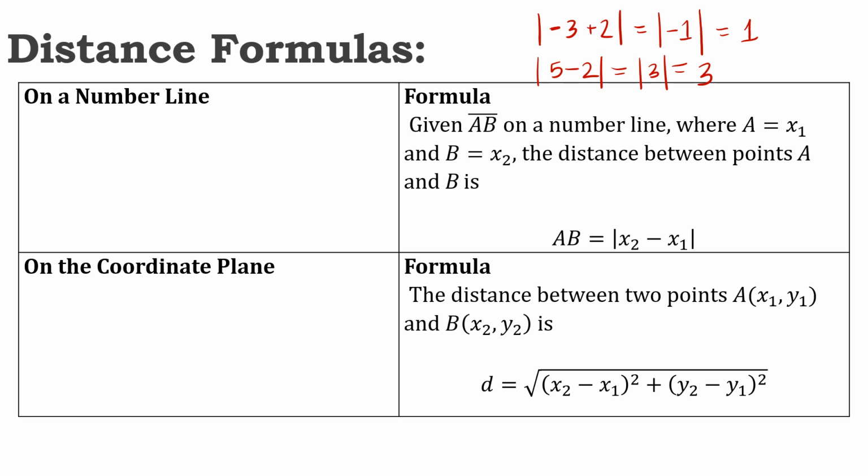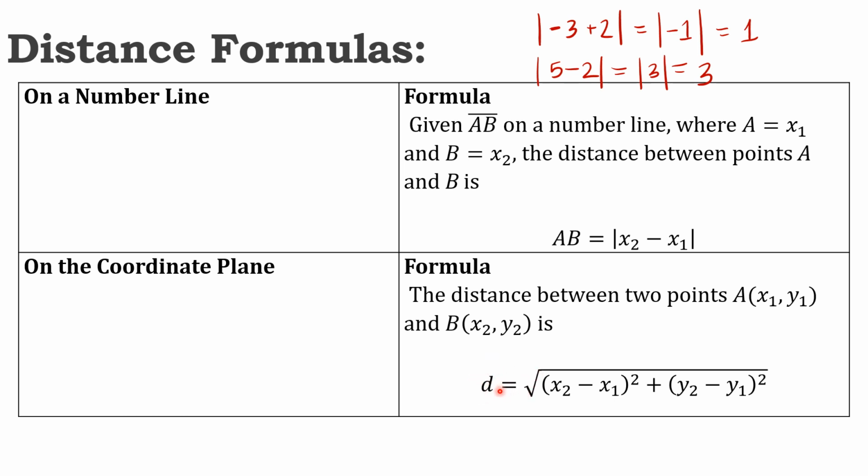And then on the coordinate plane, you probably recognize this distance formula. I'm sure you've used it in the past in maybe an algebra class or in some geometry class in high school. So the distance between 2 points A, which is the point x1, y1, and B, which is the point x2, y2, is given by this formula.